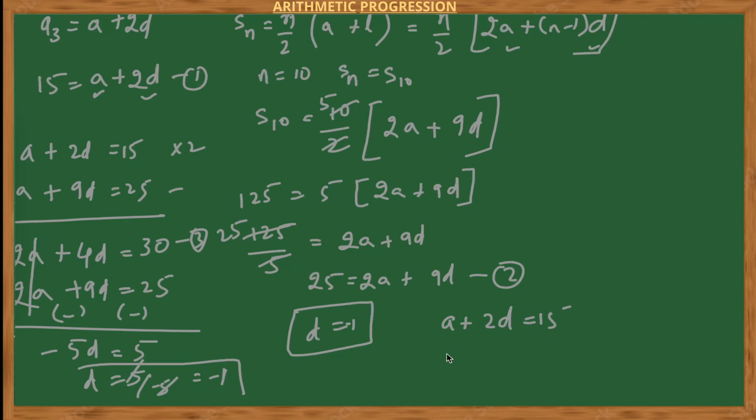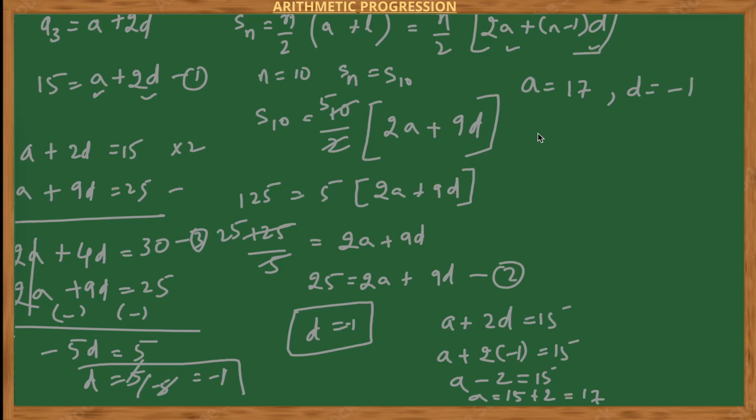So a plus 2 into minus 1 is equal to 15. a is equal to 15, minus goes to the other side, it becomes plus 2, is equal to 17. So a is equal to 17 and d is equal to minus 1.